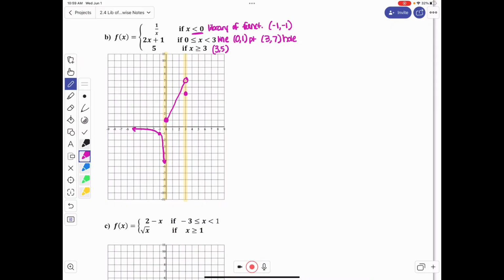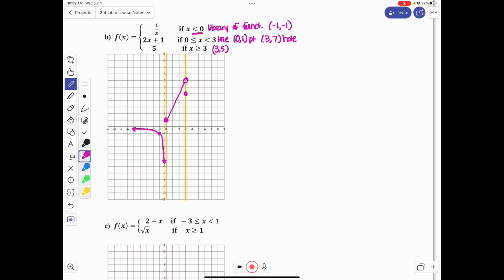So part B, our intercepts. We can see that we do have a y-intercept there at (0, 1). If you want to think logically here, if we look at the 1 over x, we know that we don't have intercepts because we can't plug in a 0 for x, since 1 over 0 is undefined.